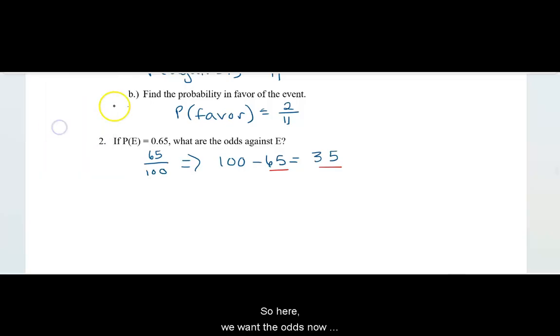So here, we want the odds against the event. Well, the probability for the event was 65. So the odds against the event would be the 35. So it'd be 35 to 65. And again, that total does come out to be 100, so we know we split it fine. So when you find the probability, split up the total, and then you can use those two numbers for your odds.